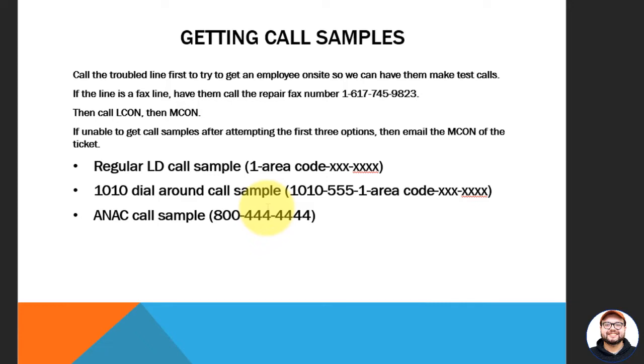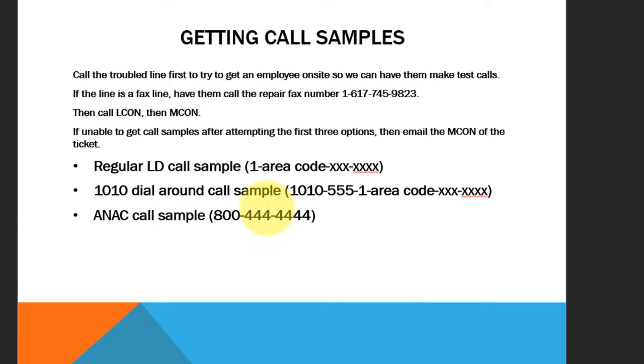So it could be a temporary solution, and it also helps us further troubleshoot and understand where the issue could be. It helps us isolate the issue. I'll jump into that a little further once I get to that slide, but just know that is the second call. We're going to do dial arounds.